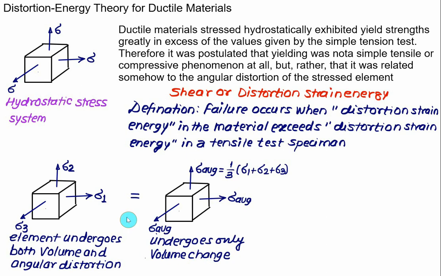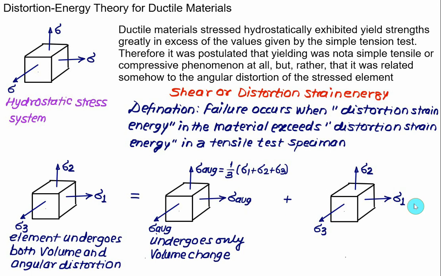Because of the three principal stresses, sigma 1, sigma 2, sigma 3, the element undergoes both volume change and angular distortion. One part we consider is the volume change due to the hydrostatic stress. The other part is due to sigma 1 minus sigma average, sigma 2 minus sigma average, sigma 3 minus sigma average. That will give you the angular distortion without volume change. So we write the stresses as sigma 1 minus sigma average, sigma 2 minus sigma average, and sigma 3 minus sigma average.